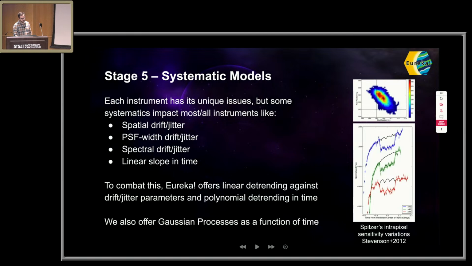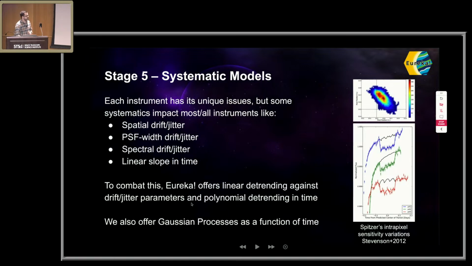Alternatively, you can use fine guidance sensor information, but at present, Eureka doesn't support that, although I definitely intend to go spelunking later. You can also consider the impact of drift and jitter in the dispersion direction, and then there's polynomials in time that might impact you.